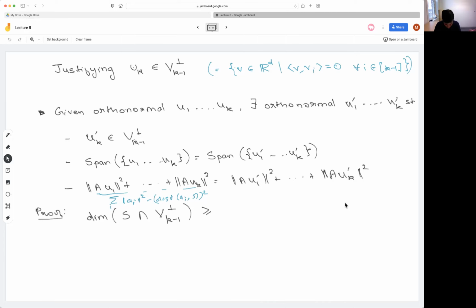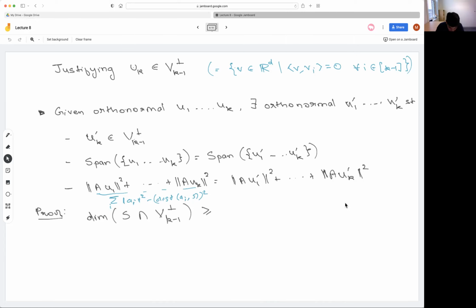Okay. And the proof is just following the intuition that once we have an orthonormal set, we can complete it to a basis for whatever space we want. And here, it's just that we want uk prime to satisfy some conditions. So let's first choose uk prime.